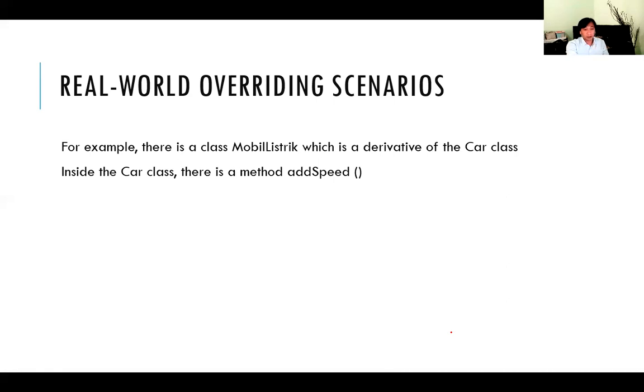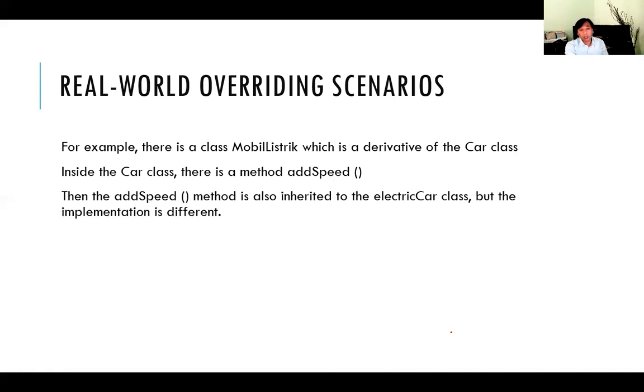The electric car also has the adding speed method, but the process between the conventional car and the electric car when it has to increase the speed is different. It has different characteristics between a conventional car and an electric car. But the name of the method is the same, increasing the speed or adding speed. So this kind of condition means that we need to apply the overriding method.